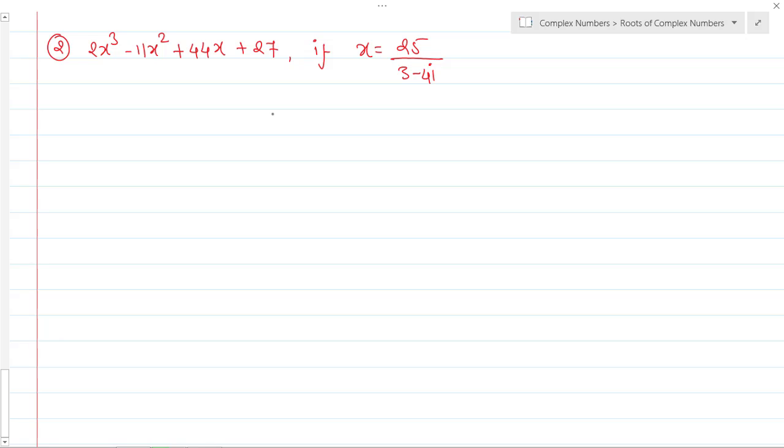Before explaining the shortcut trick, let me take one simple example. With the help of the example I will tell you what concept I will be using in this question. First, let me take one small polynomial.